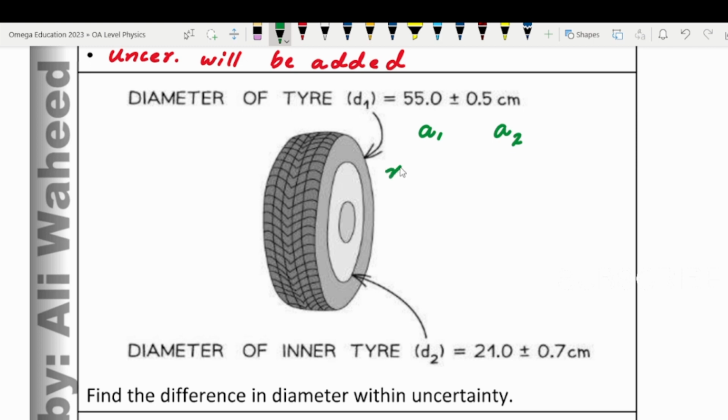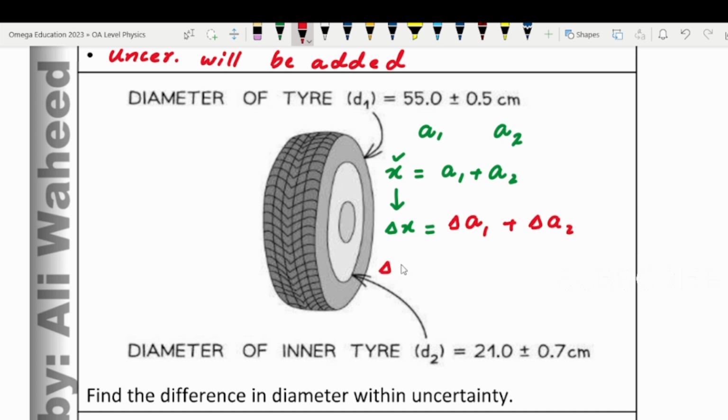So the total uncertainty: the formula says that you're adding the two quantities. This is the quantity x that you're measuring through the experiment. Now the uncertainty in x would be represented by delta x, and it would be equal to the uncertainty in the quantity A1 plus the uncertainty in the quantity A2.